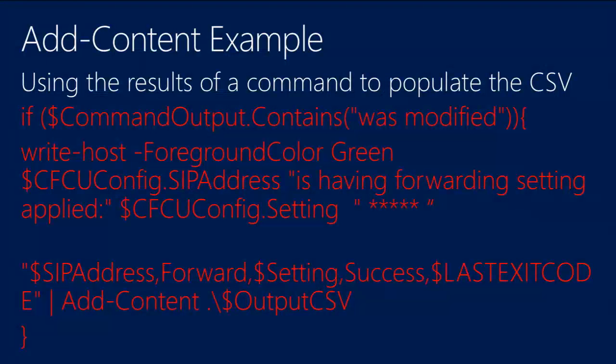Now I have a column that says pass-fail, right? Or something of that nature, and I can rerun it later and say if success equals false, rerun for this user, otherwise don't. And then I don't redo something for the 100 people I didn't need to redo it for. I only redo it for the 900 people that I messed up the first time because of AD permissions or something. It wasn't my fault, I promise.